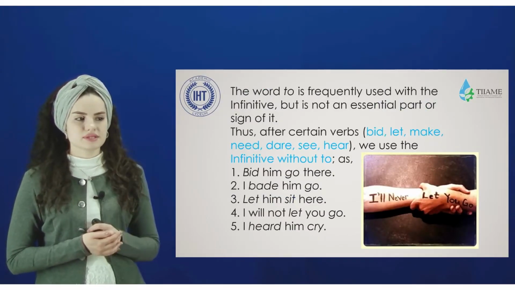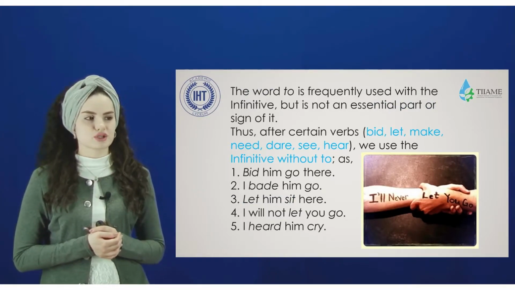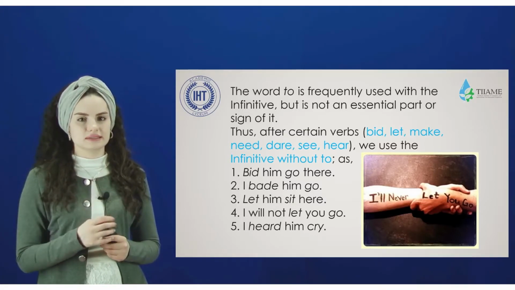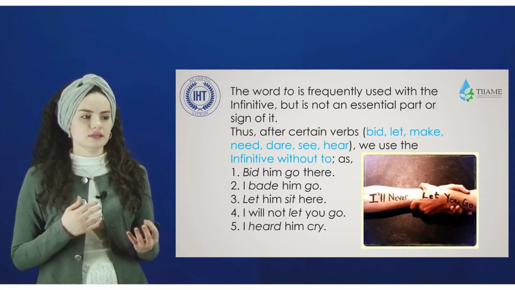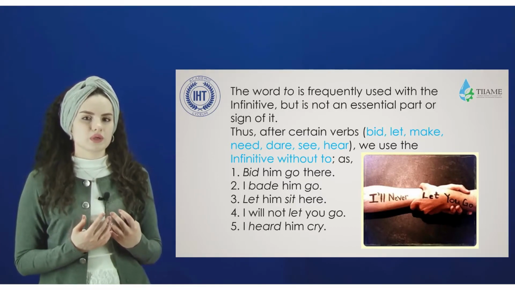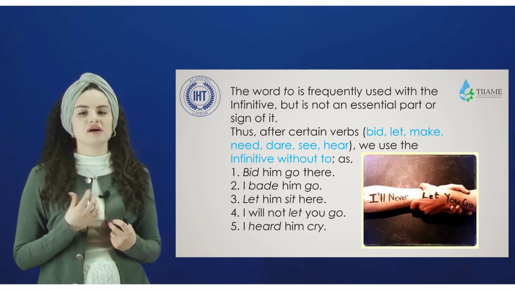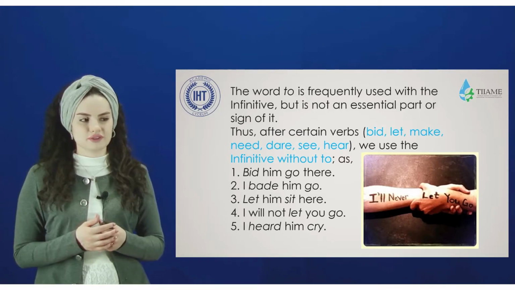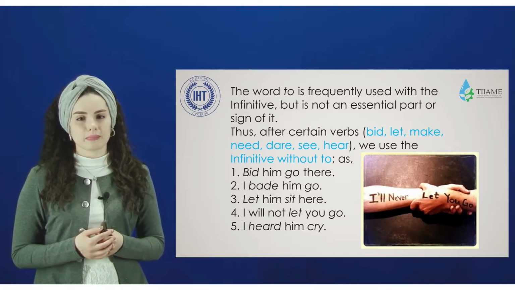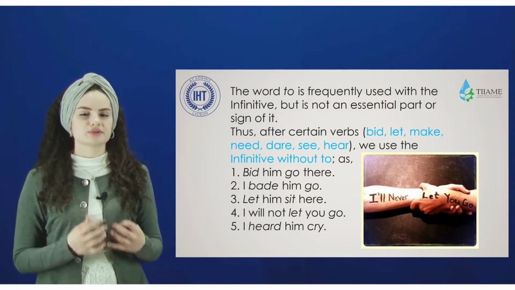Now, can you see some other examples? And here you are, to emphasize such kinds of verbs like did, let, make, need, see, and hear. Can you see these words? These words have a different usage. After these verbs, you shouldn't use the particle to.